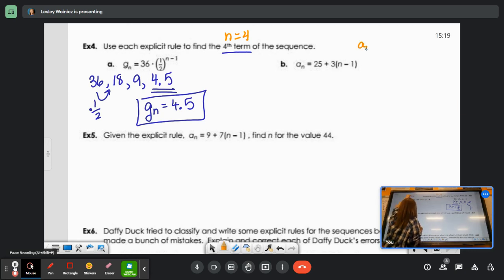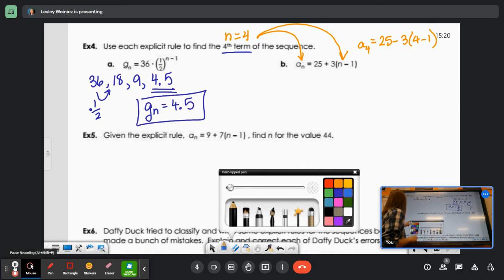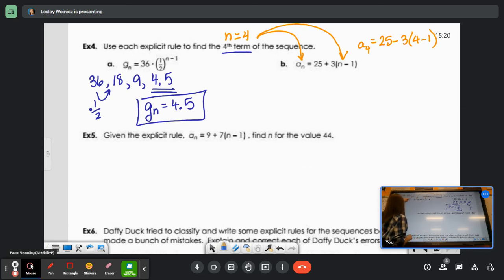So watch this. A sub 4 equals, I'm putting in a 4 wherever I see an n. A sub 4 equals 25 minus 3 times 4 minus 1. What's 4 minus 1? 3. So A sub 4 equals 25 minus 3 times 3.